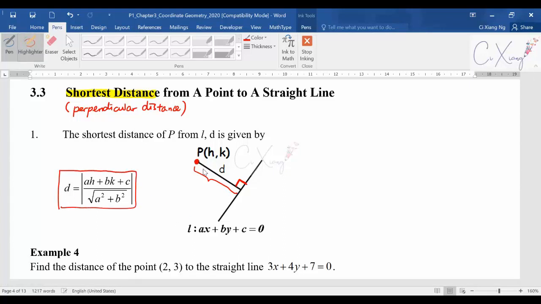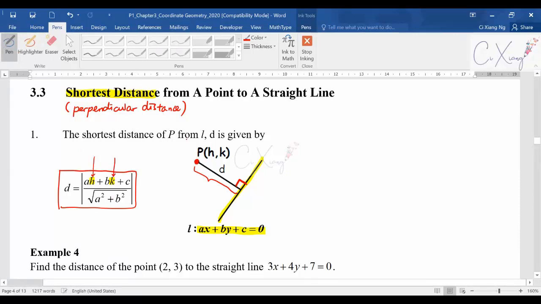To use the formula, first you need to have the equation of the line, and you have to rewrite it in the general equation, ax plus by plus c. When you apply it in the formula, you substitute x and y using the point that you want to get the perpendicular distance from the line.